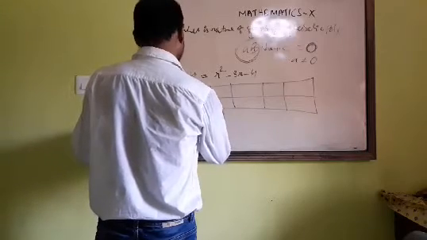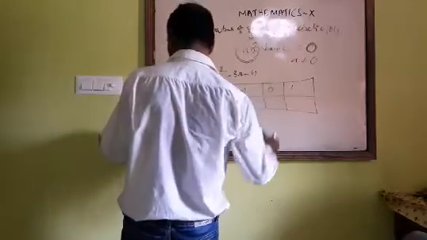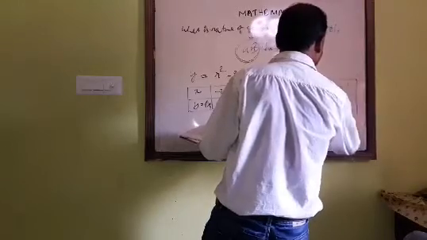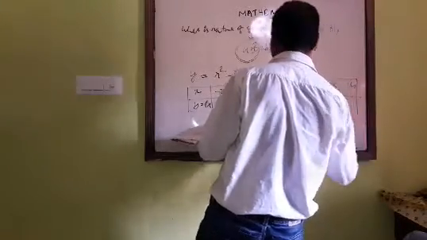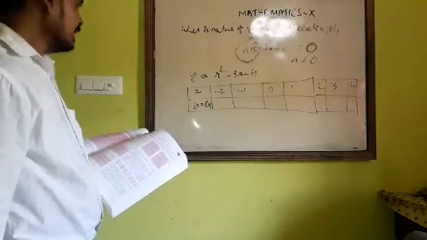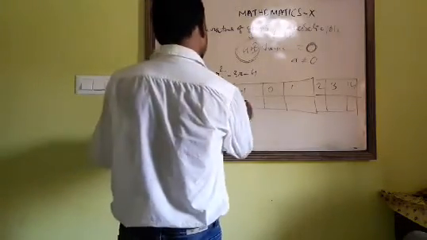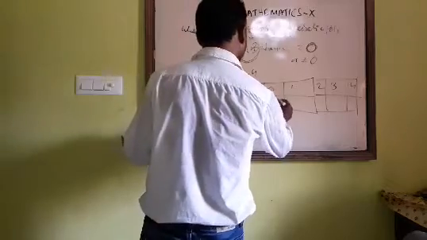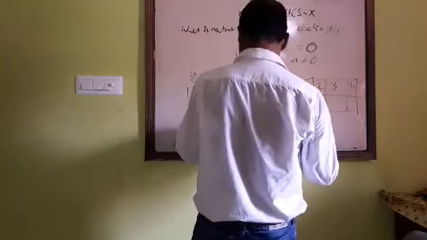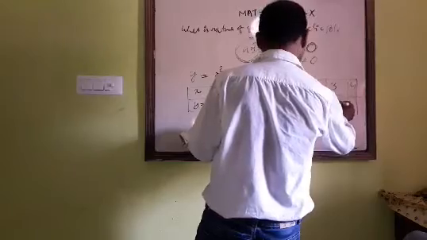You take minus 2, minus 1, 0, 1, 2, 3, 4, etc. You can start from minus 2, and if you put these values, the polynomial becomes 6 here, here 0, and here minus 4, here minus 6, and here also minus 6, and here minus 4, and here 0.